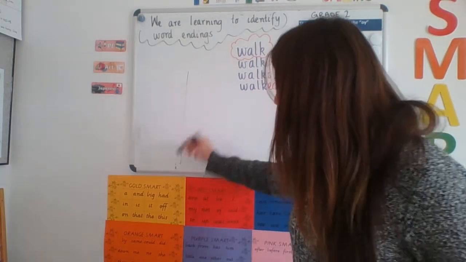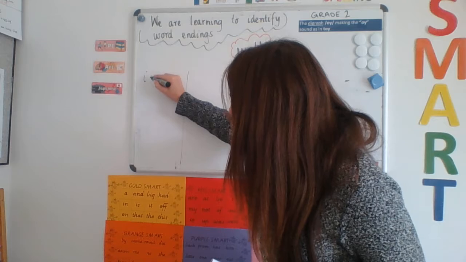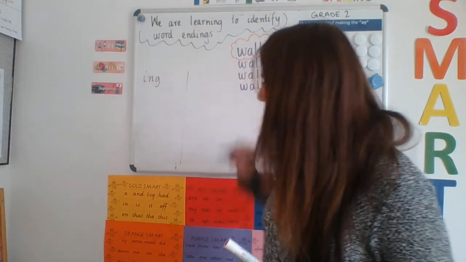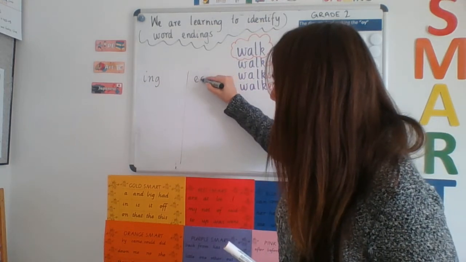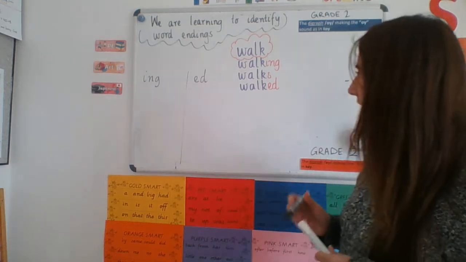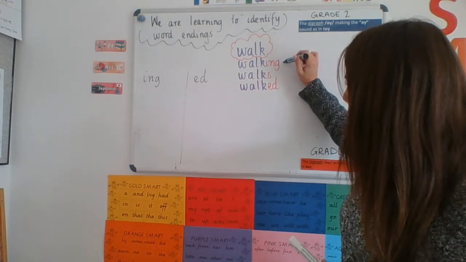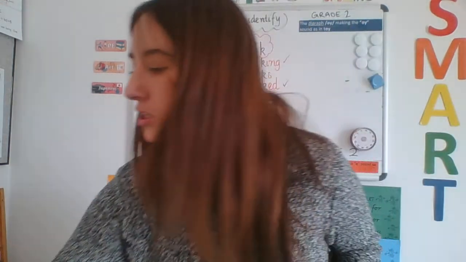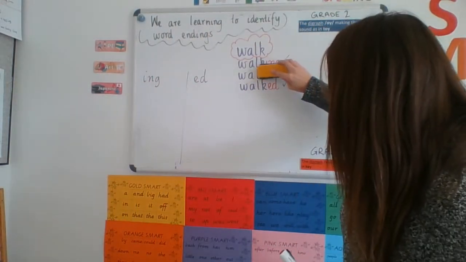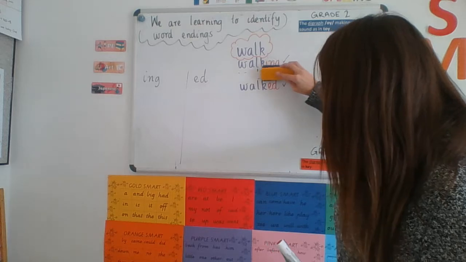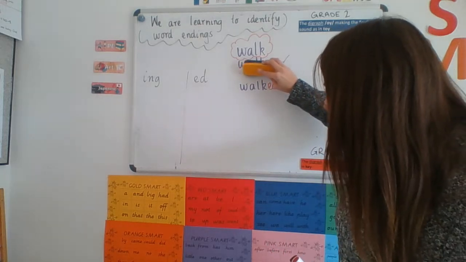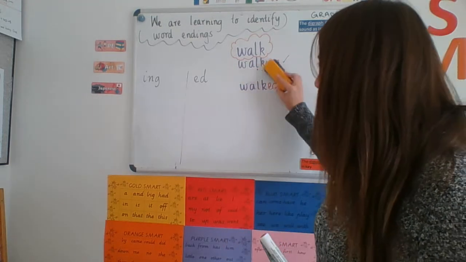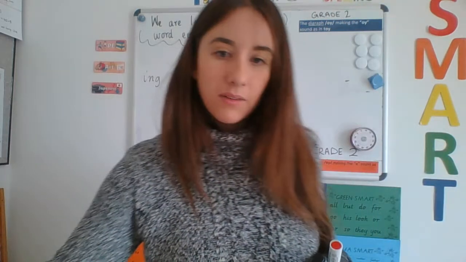I would like for those to be the ing word ending and also the ed word ending, okay? So like this one and this one, okay? Today we are not going to worry about the word endings that have S at the end, okay? That's going to be for another day, all right?